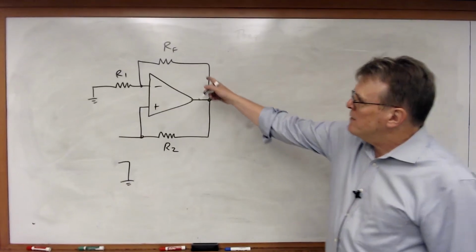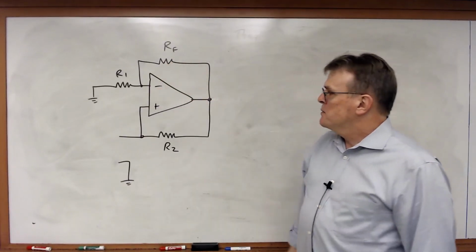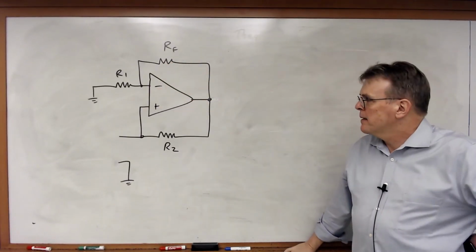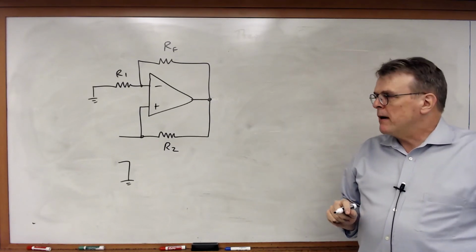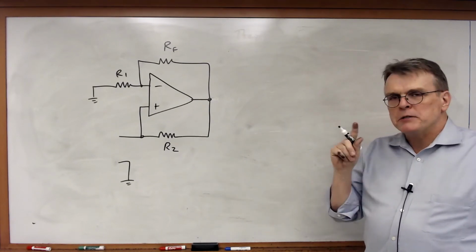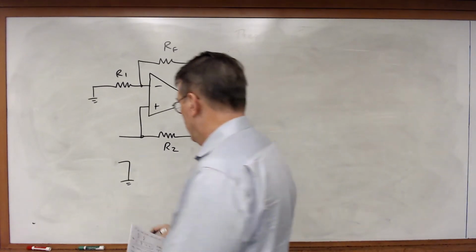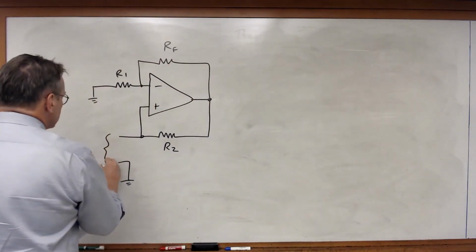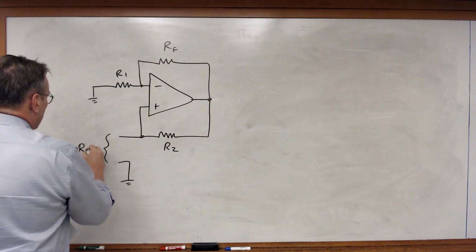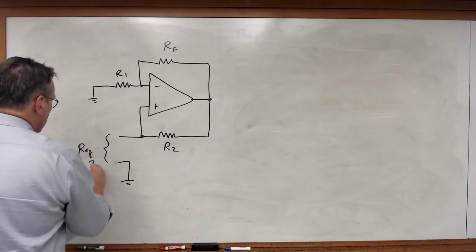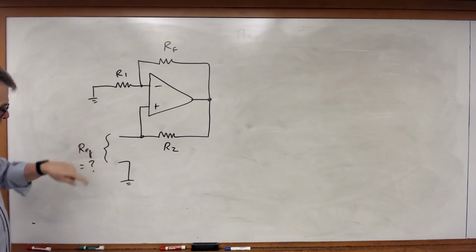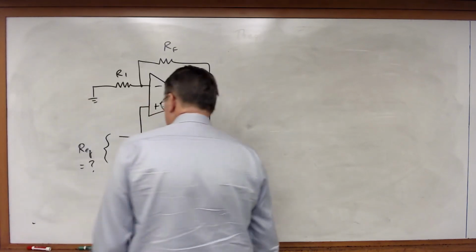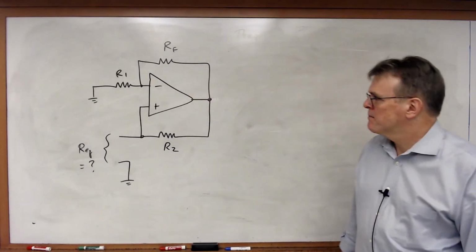Now notice we have negative feedback, so the 3 rules are going to apply. The interesting application of this comes about when we look at this circuit and we ask ourselves a question. What is the equivalent resistance between the inverting input and ground? That's a very good question. What is that equivalent resistance?